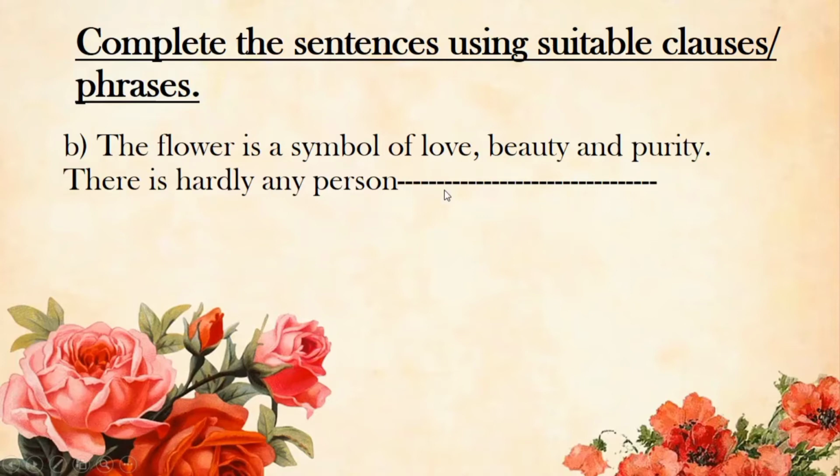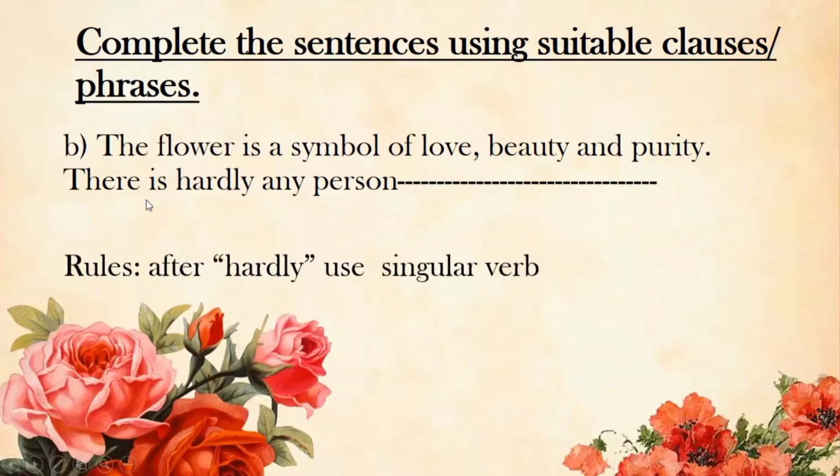And here what we have is, there is hardly any person. We have one special word that is called hardly. And hardly is a negative word which makes the sentence negative. That means the meaning of the sentence is actually, there is no person who. Actually, there is no person.